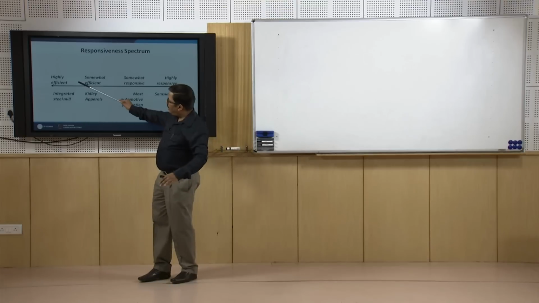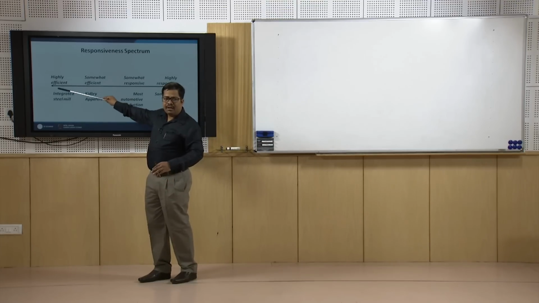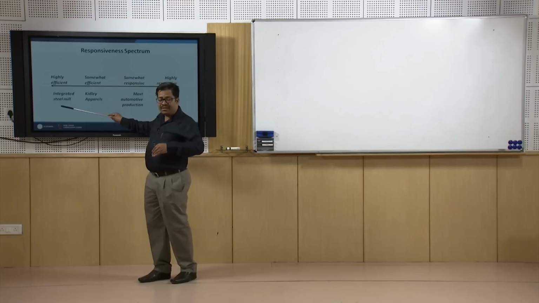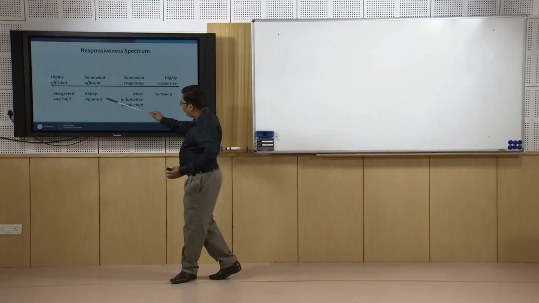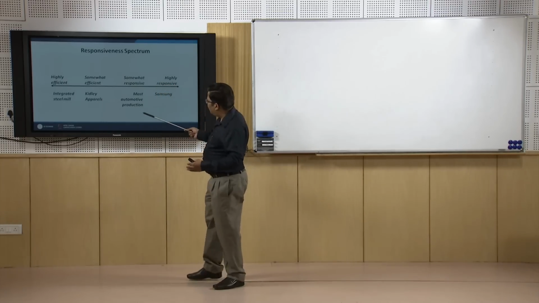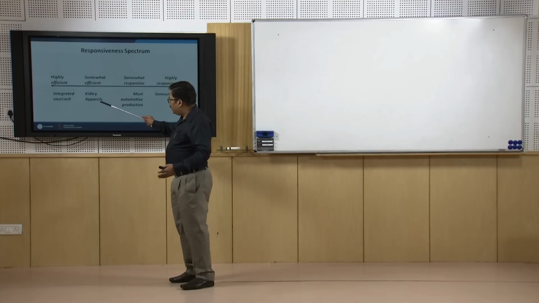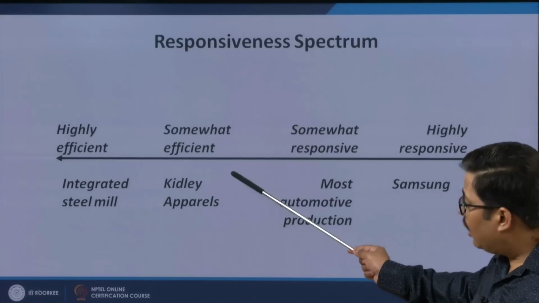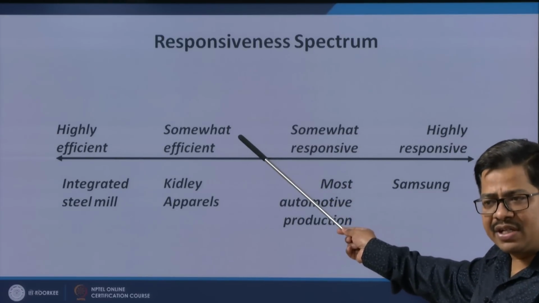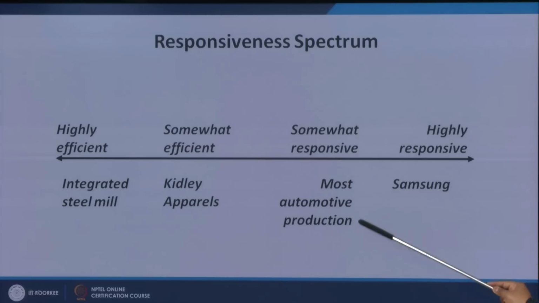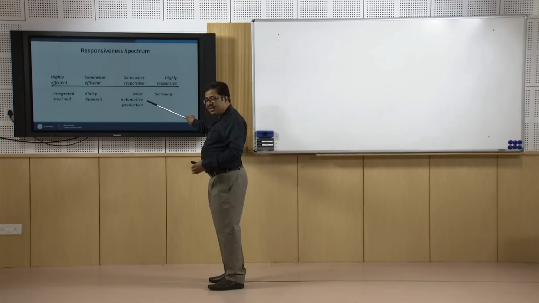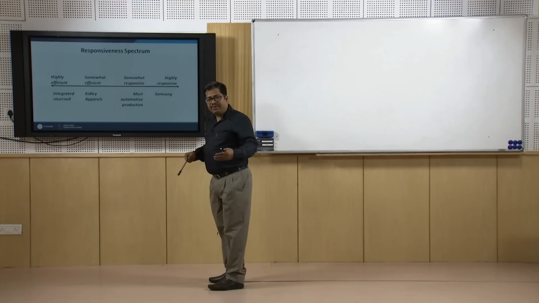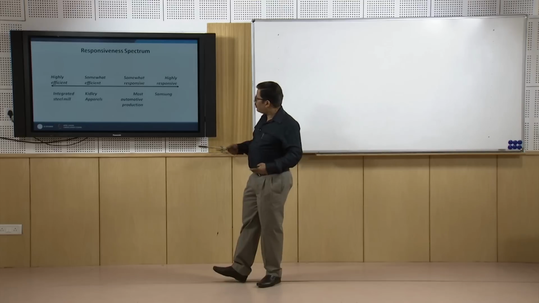So, these are highly efficient because of the particular level of integration which they have achieved, and in between you have companies like, just as an example, the very popular low cost apparel company Kidley, and this is towards the efficiency side. Then you have, towards the responsiveness side, most of the automotive production companies, because they are continuously introducing new models, they are producing more variants of their products.